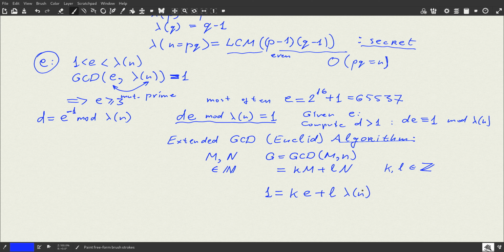And this precisely means that our inverse d is the coefficient k, because in this case, ke modulo lambda of n equals 1. And the coefficients k and l can indeed be computed using the extended GCD algorithm.